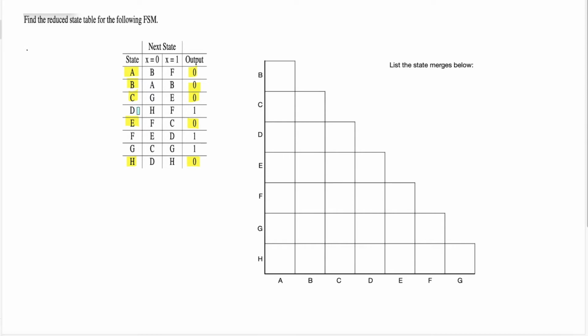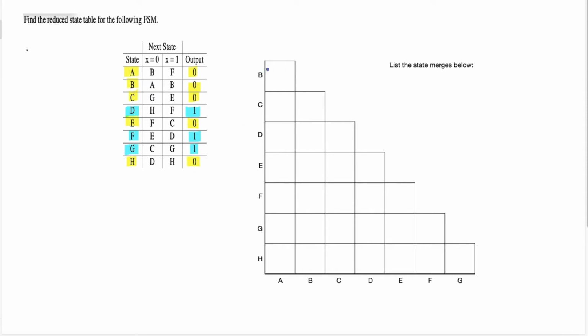State D, state F, and state G are all the same because they have the 1 output, right? So we're dealing with two different types of outputs, and that's the first step: we're going to highlight all the ones that are the same. So let's start off with B.